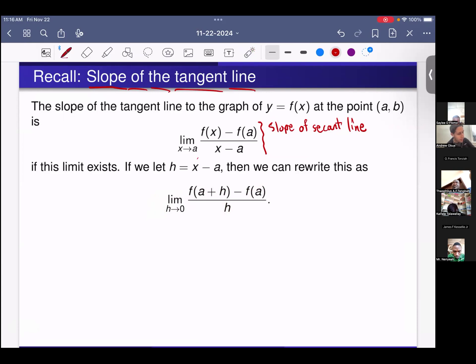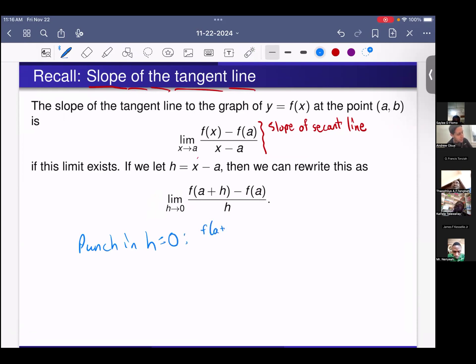Now remember, what happens if you just punch in h equals 0 here? Then what you're getting is f of a plus 0 minus f of a over 0, which is f of a minus f of a over 0, which is 0 over 0, and this is indeterminate.